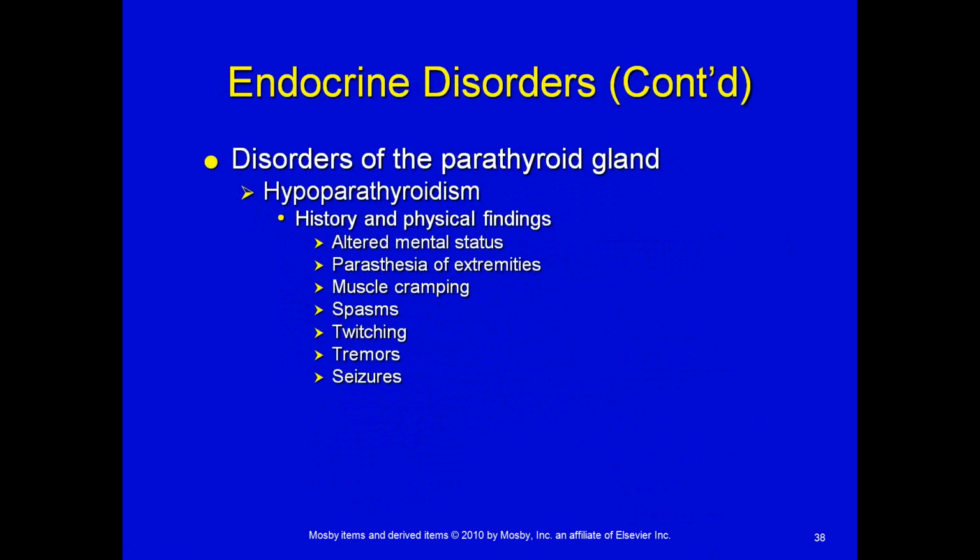They may have an altered mental status with hypoparathyroidism. They may have paresthesia of the extremities, muscle cramping, muscle spasms, twitching, tremors, seizures. And again, many of these symptoms are common because endocrine emergencies lead to electrolyte imbalances, either too much sodium, potassium, calcium, magnesium, or not enough.